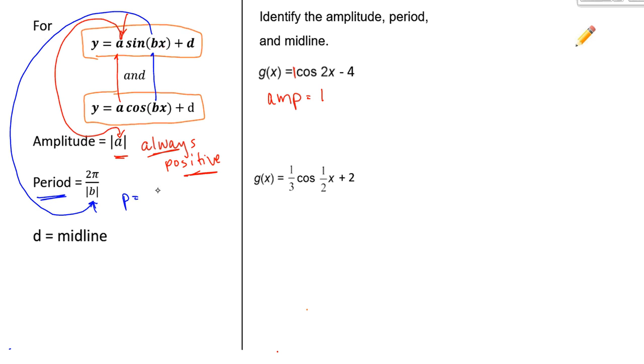The period is always going to be 2 pi divided by whatever that b number is inside there. So in our example here, b is 2. Which means to compute our period, we're going to take 2 pi, always 2 pi, because that's the period of the original sine or cosine function. So for this example right here, our period is actually just pi, which means on a graph, one full cycle of this guy would happen from 0 and it would end at pi.